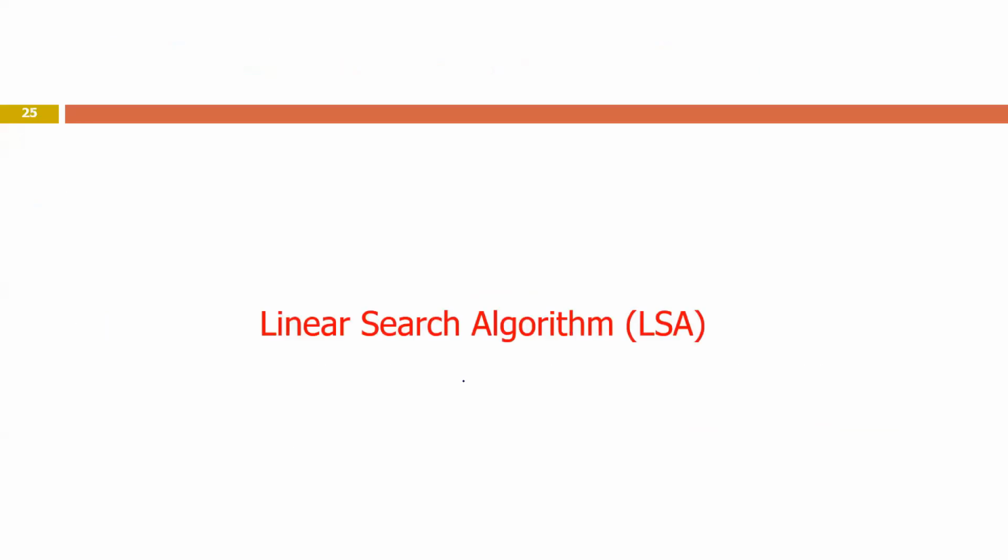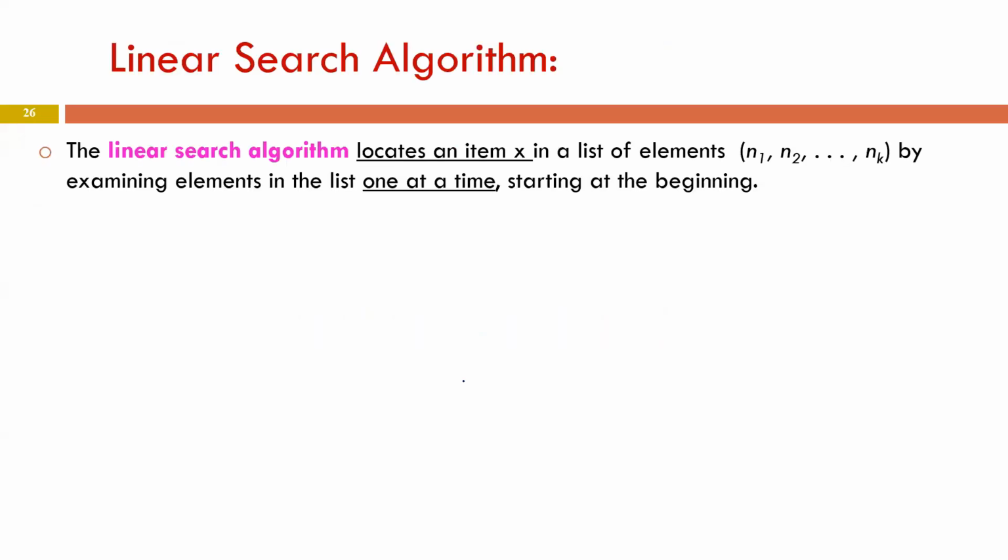For example, a well-known algorithm, the linear search algorithm. As I told you, if you want to search for a given word, to locate an item X in a list of k items n1 to nk, by examining the list one at a time, starting at the beginning. So the idea is to compare X with n1. If you find the item you are looking for, you stop, you are done.